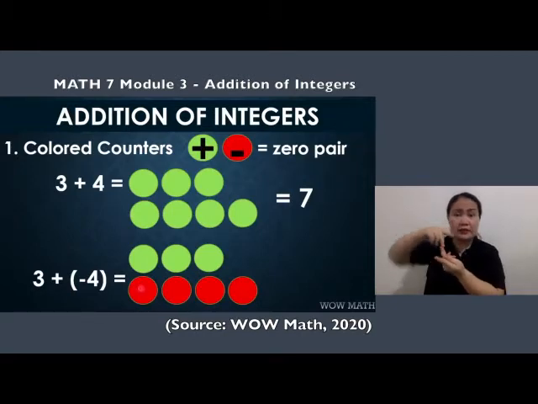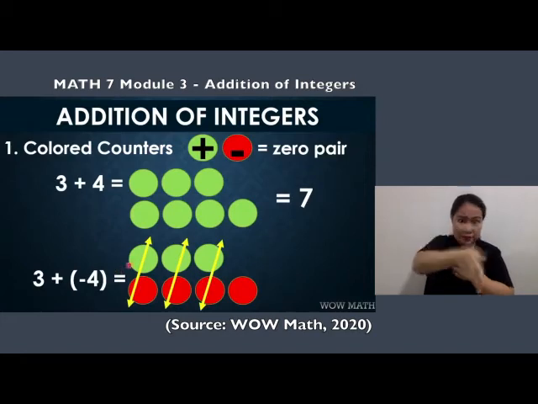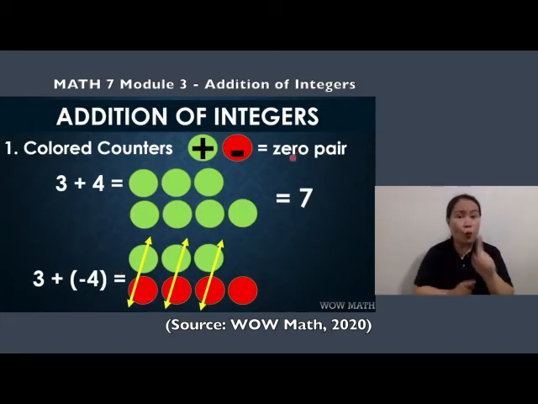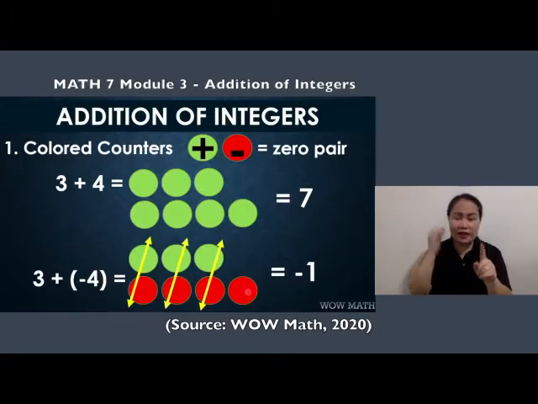So, meron na tayong zero pair dito. 1, 2, 3. So, ito ay makakancel na natin. Ibig sabihin, wala na siyang value kasi equivalent na siya sa 0. So, ano na lang ang natira? 1. Okay? Now, bakit siya negative? Kasi this is color red. And our representation for negative is red. Okay, so yun yung ginamit natin.